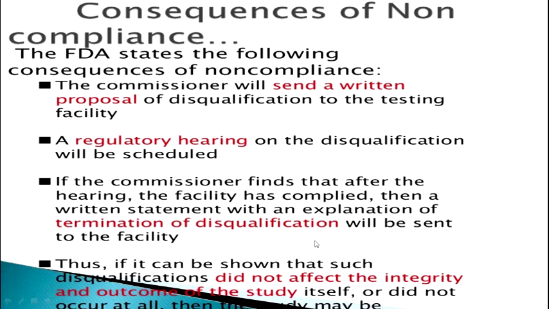And after the hearing, which is a kind of legal hearing, you can convince the people. In case you convince them in the regulatory hearing, they will send you a termination of disqualification, because your disqualification will be terminated, that is, you are qualified in short, right? So that will be done in case you are able to convince them in the regulatory hearing.